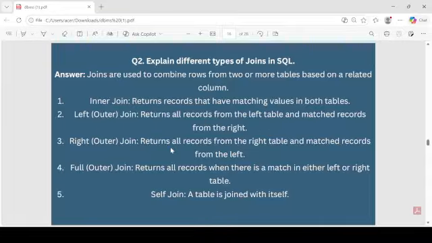The right outer join will return all the records from the right table and matched records from the left. And full outer join will return all the records when there is a match in either the left or right table. The last join will be self join, where a table is joined with itself. So these are the types of join. You can also make a flow chart, or you can represent it diagrammatically.